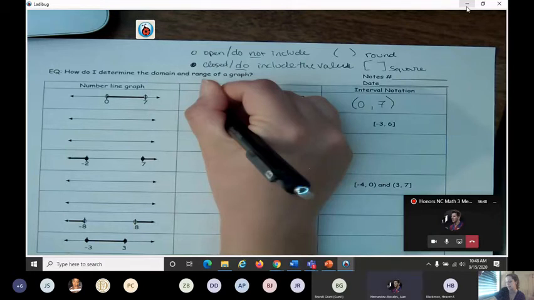So we're choosing X's such that the X value is going to be between 0 and 7. And I picked the strictly less than signs, not less than or equal to, because I want open circles right here. I want to represent that. What questions do you guys have about this?